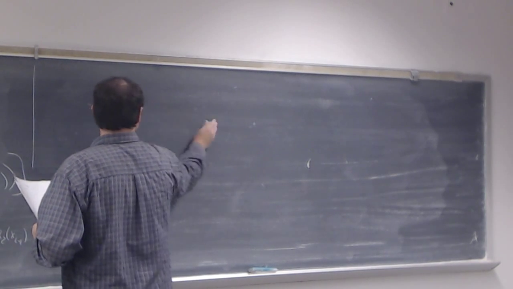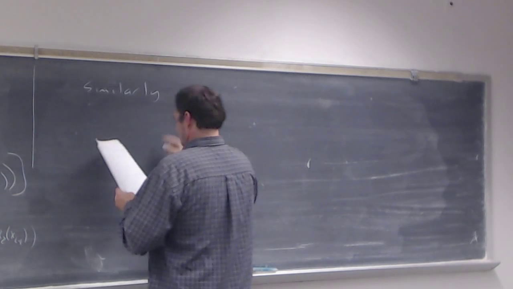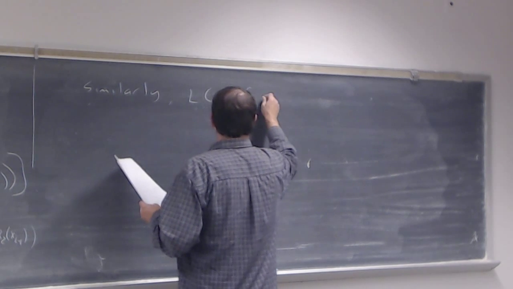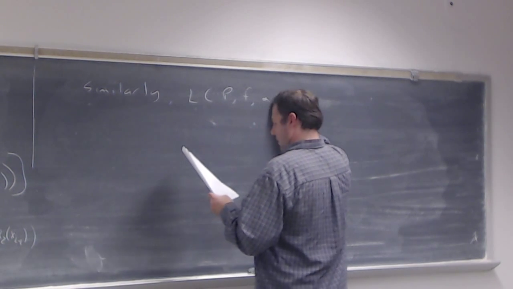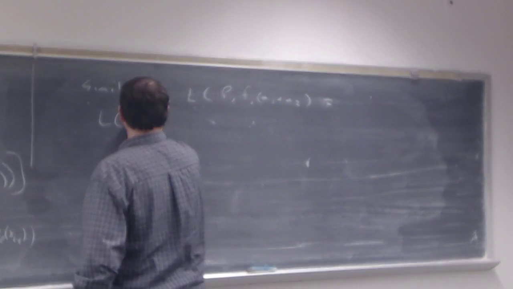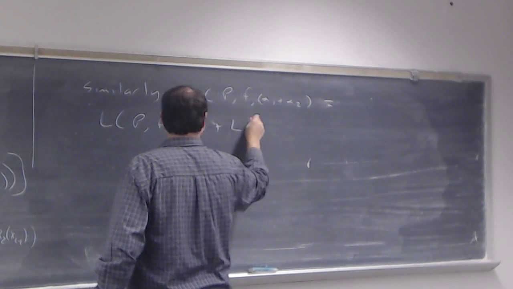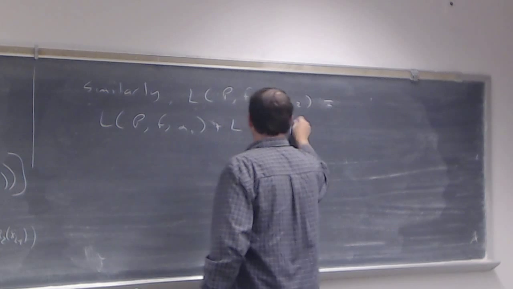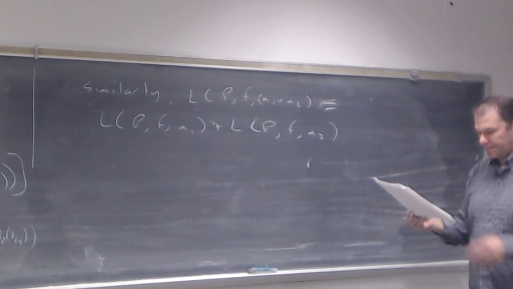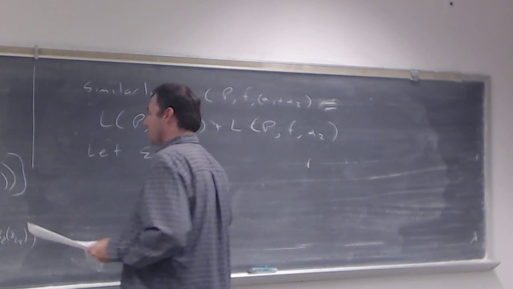So similarly, the lower sum P, F, and alpha sub 1 plus alpha sub 2 will be equal to the lower sum P, F, alpha sub 1 plus the lower sum with P, F, and alpha sub 2. That's equal. Okay. Now, we're going to let epsilon be greater than 0 be given.